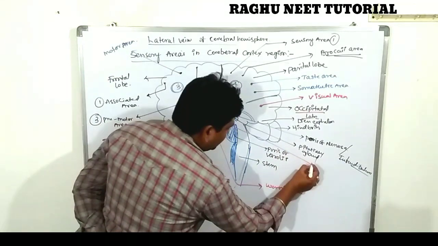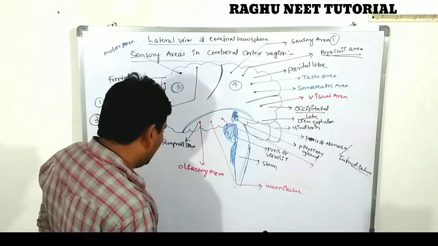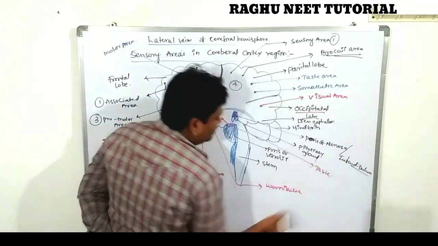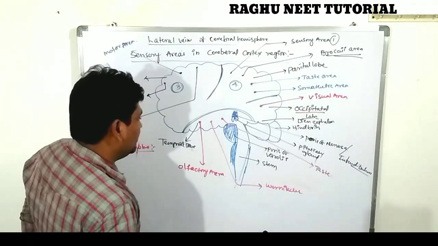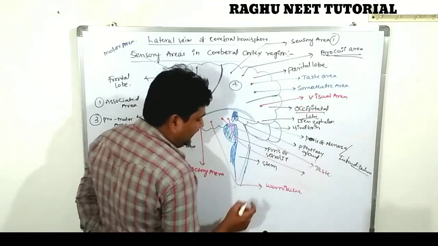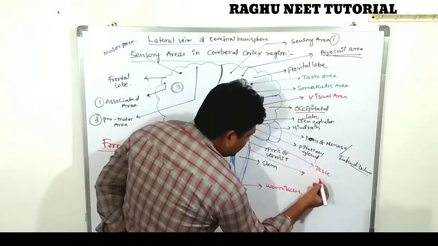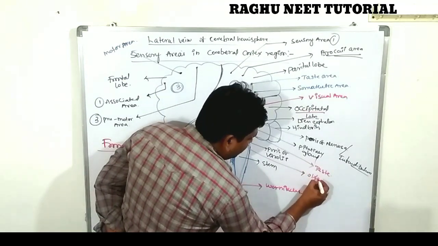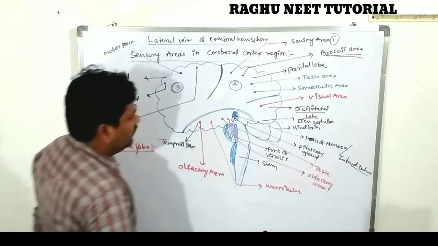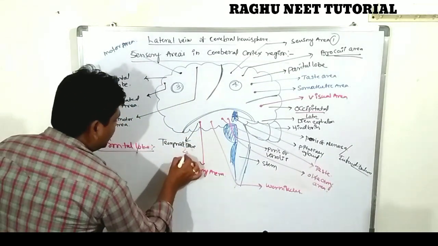Third one is the taste area. And the fourth one is also an olfactory area. So there are 4 areas in the temporal region.